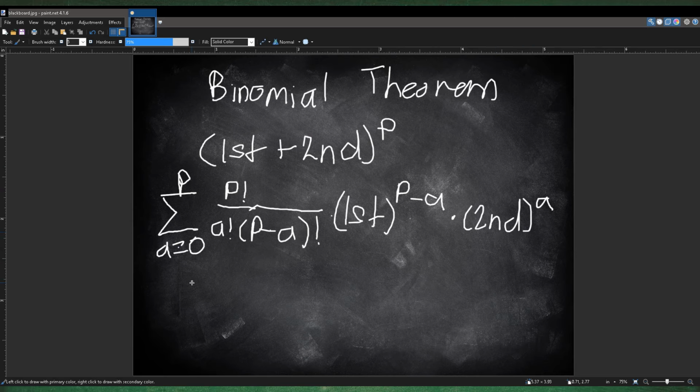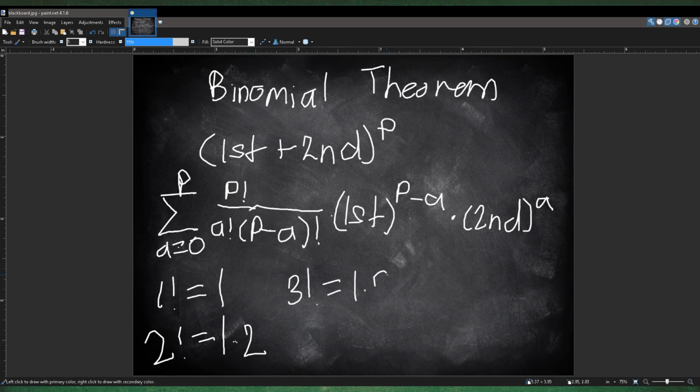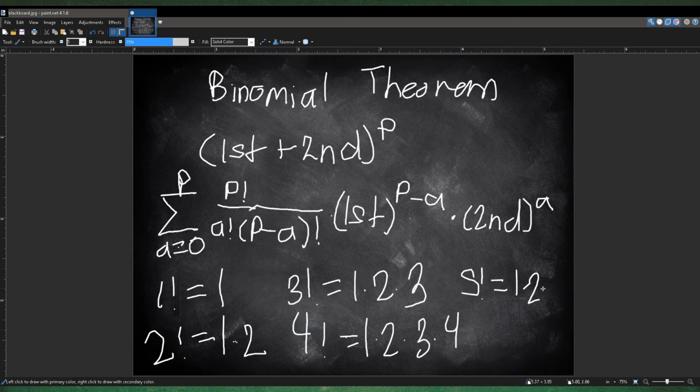A factorial is going to be a natural number. So 1 factorial is equal to 1, 2 factorial equals 1 times 2, 3 factorial is equal to 1 times 2 times 3, 4 factorial is equal to 1 times 2 times 3 times 4, and 5 factorial will be 1 times 2 times 3 times 4 times 5.